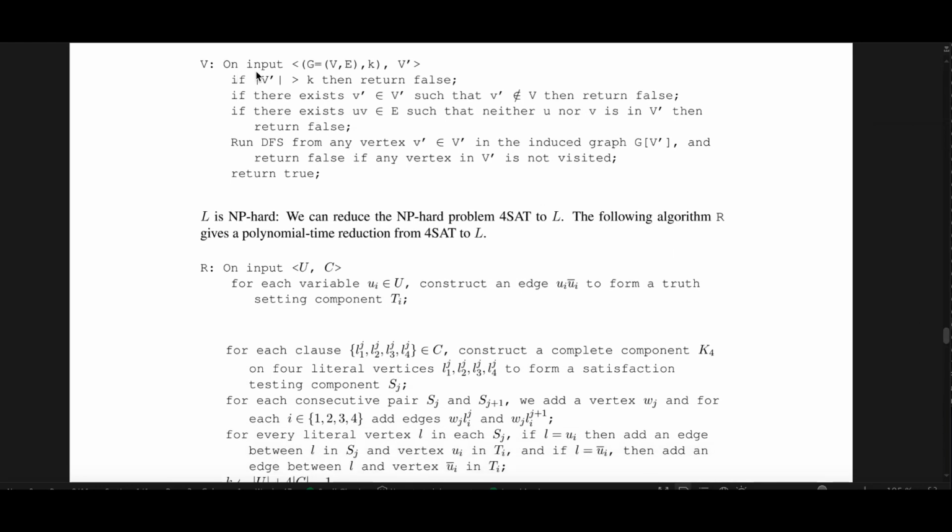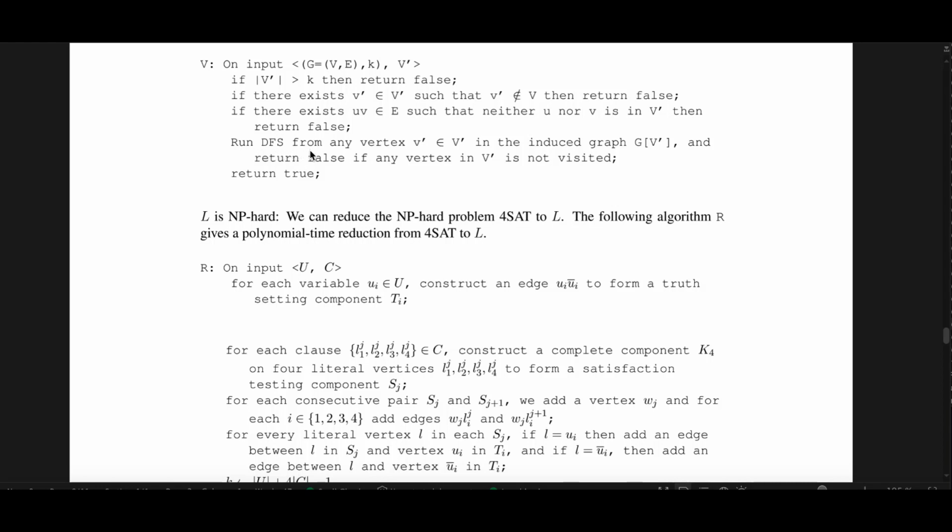On input (G, V+), if the size of V+ is larger than k, then return false. If there exists a vertex v in V+ such that v is not in V, then return false. If there exists an edge (u, v) in E such that neither u nor v is in V+, then return false.